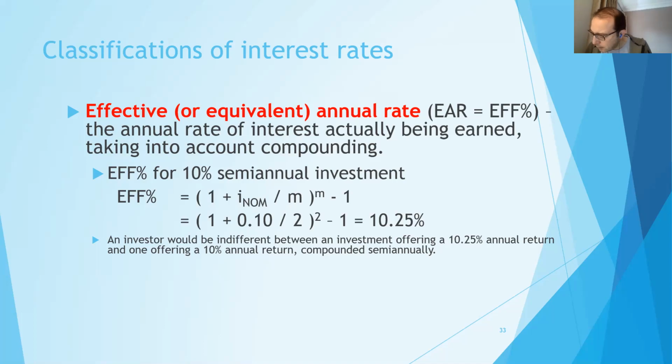So let's say 1, 2, 3, 4. So 1 year. So this is the first quarter, second quarter, third quarter, and 1 year. So you may invest 4 times a year, quarterly, right? Let's say 2% per period.